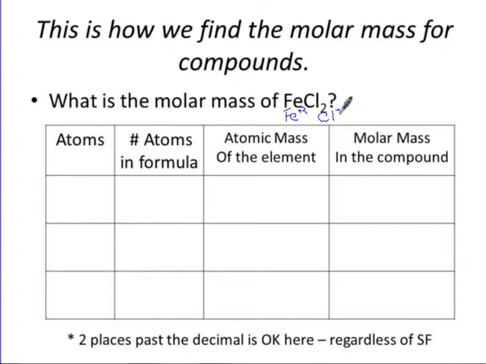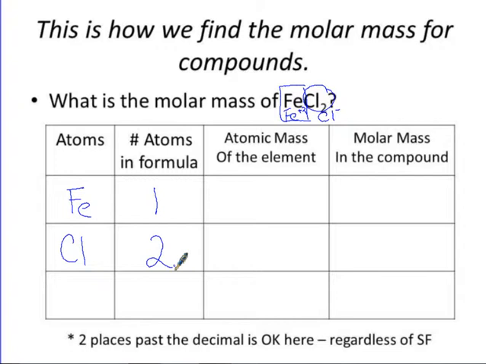Here's what we do. We break up that compound into its individual elements. So we've got iron, and then we've got chloride. We then count up the number of atoms. We have 1 iron, but then we have 2 chlorides, 2 chloride ions.